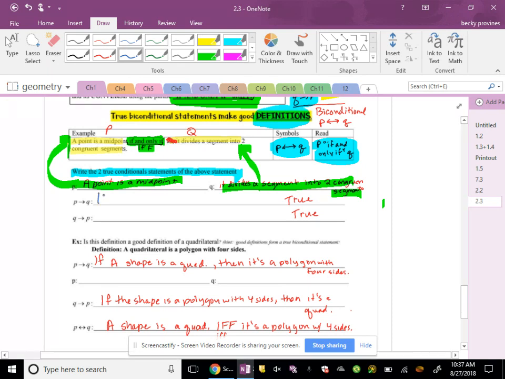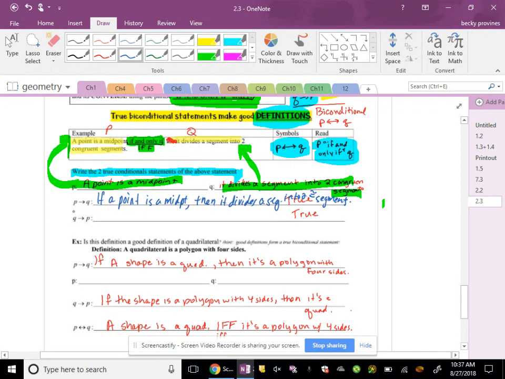I would have to say, if a point is a midpoint, then it divides a segment into two congruent segments.